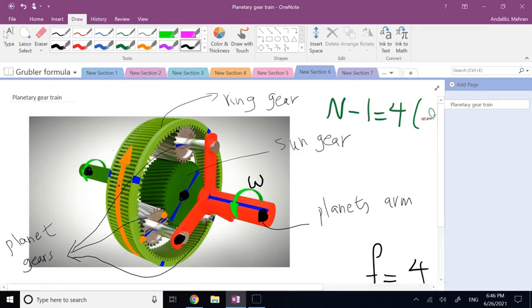For example, if I want to know the omega of the arm, I need to know omega of the ring and omega of the sun. Actually, this is omega of the sun, this is omega of the ring.